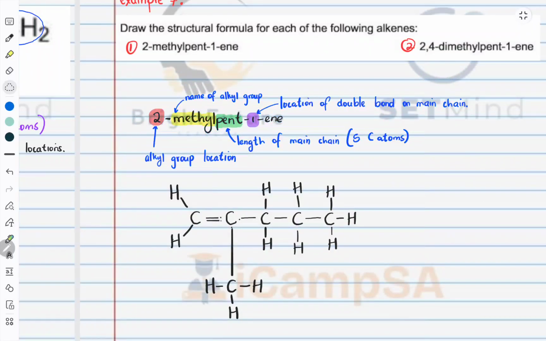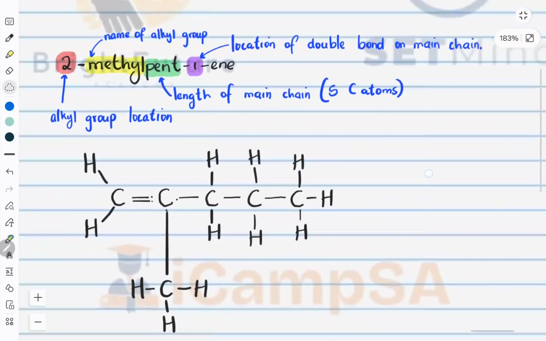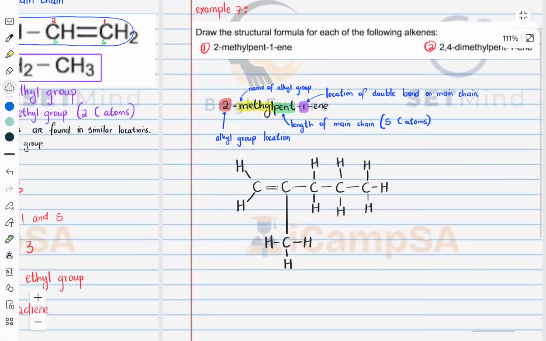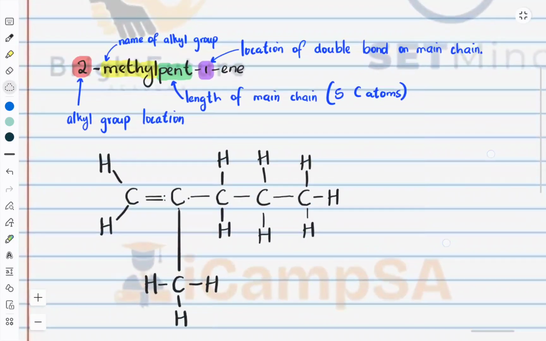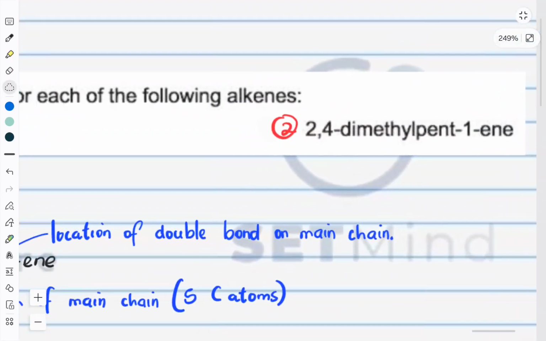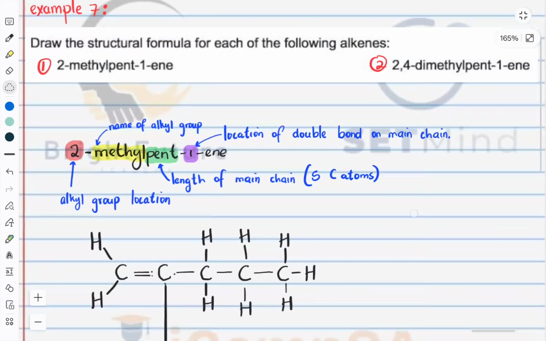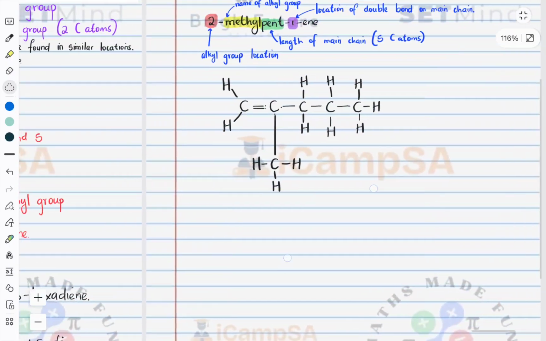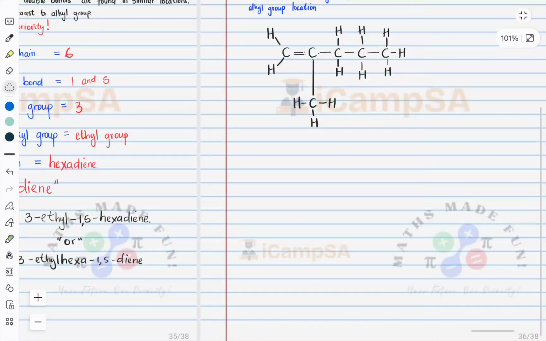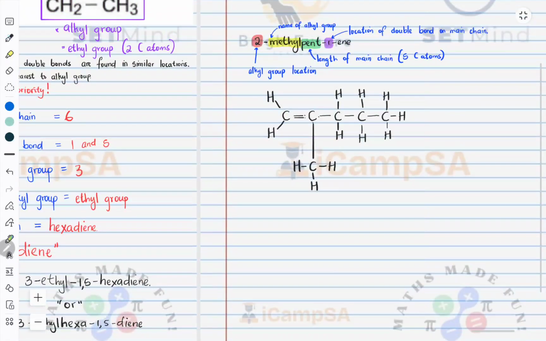For the second one, I won't take out the stuff like I did in the first one. I will just sketch it because it's the same thing. So it's 2,4-dimethylpent-1-ene, sorry, 2,4. So now this was number 1. Now we're on number 2.